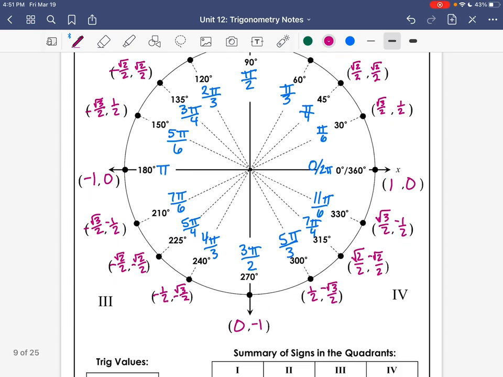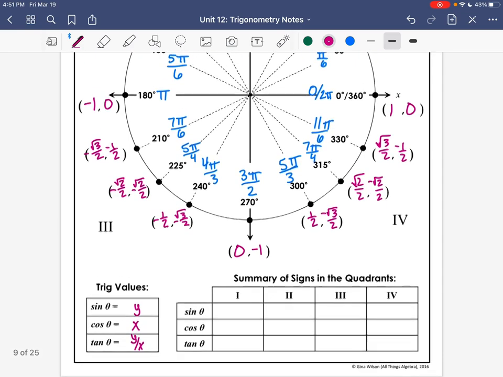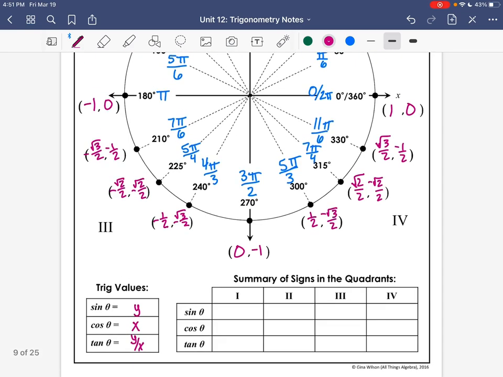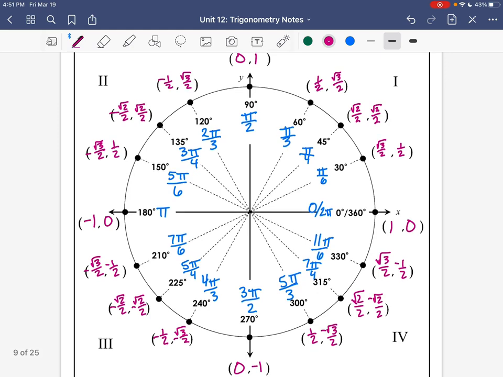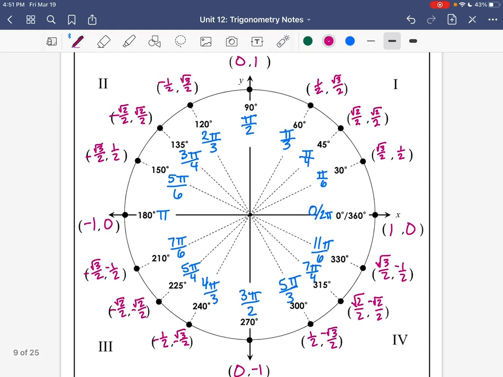And then a nice little thing that this does is it kind of summarizes those signs in the quadrants for you for sine, cosine, and tangent. We've already talked about that in the previous video, but this is also nice to just have on this as a reference. So we know, because we already talked about it, that they're all positive in quadrant 1. And then we know that, if we look at this, the sine is positive in quadrant 2.